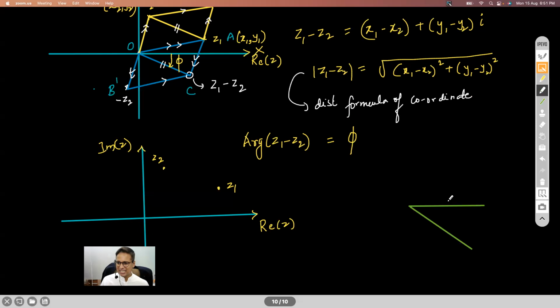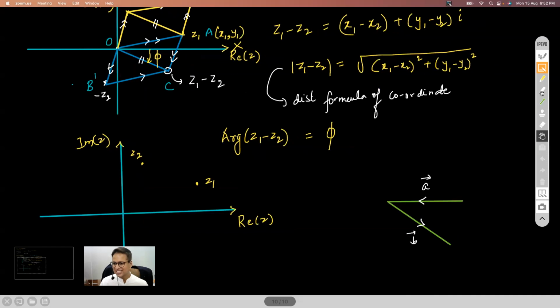One vector is like this. Other vector is like this. Right? Let me call this as A vector. Let me call this as B vector. Right? Now tell me, what is the angle between these two vectors? I'll give you some options.